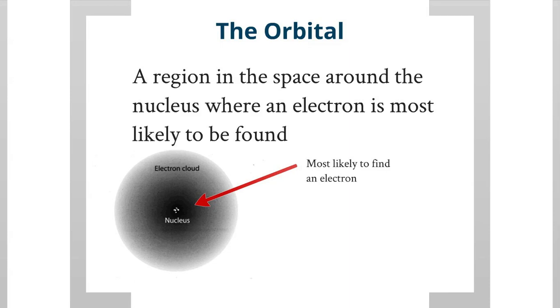And as you move away from the nucleus, then you enter the space where you're less likely to find the electron. That's where the cloud is light. And this electron cloud region shows where you're more likely to find an electron, and this is called an orbital.